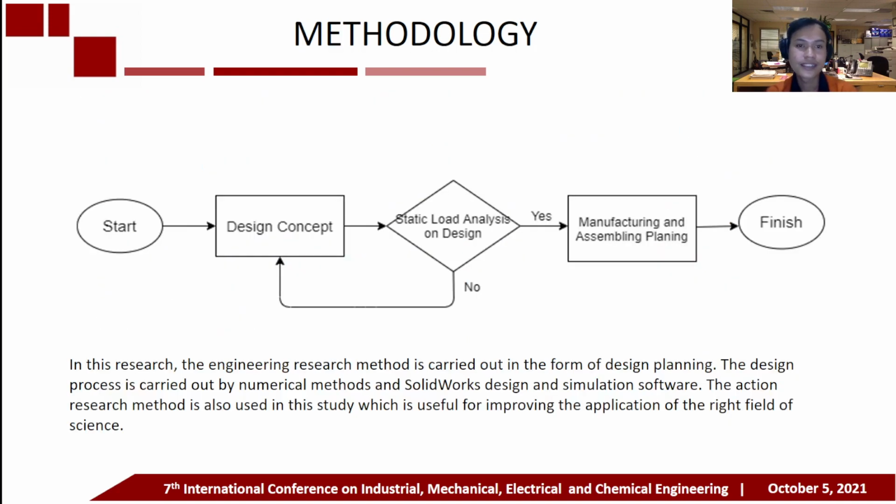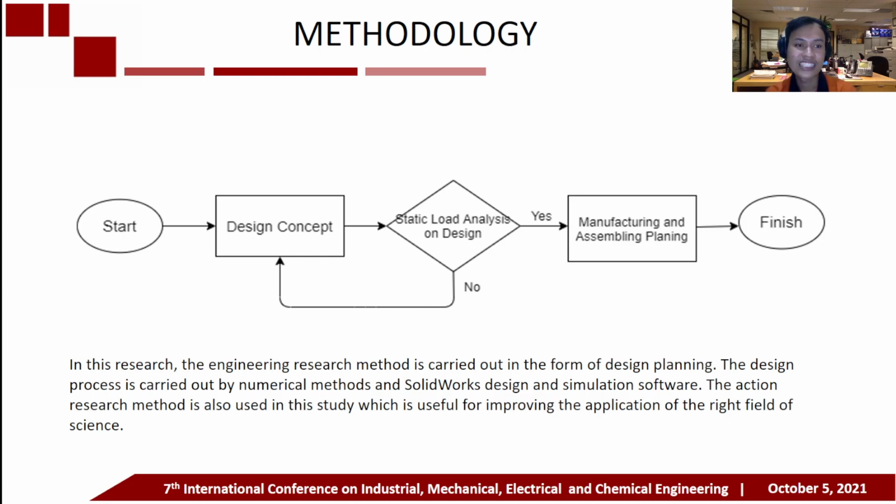The second part is methodology. In this research, the engineering research method is carried out in the form of design planning. The design process is carried out by numerical method and SolidWorks design and simulation software. The action research method is also used in the study, which is useful for improving the application of the right field of science.